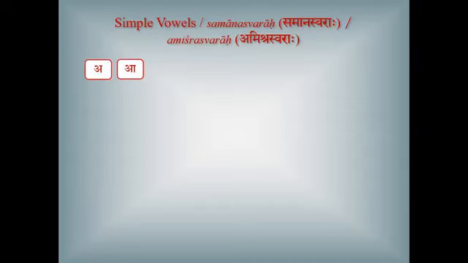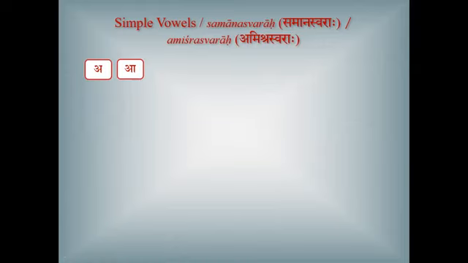It's a unit of measurement. We have minutes, seconds, hours for time. Similarly, for the pronunciation of a letter, we have the unit which is matra. So if it is 1 unit of time, it is a short vowel.